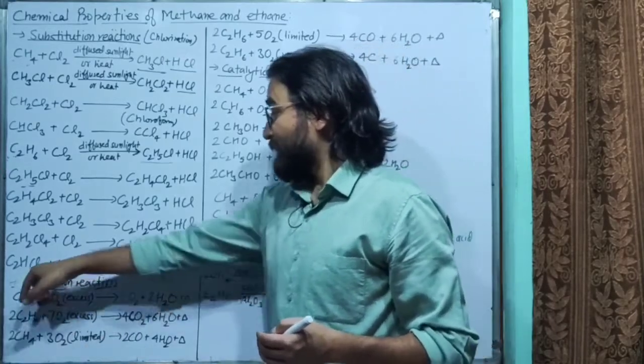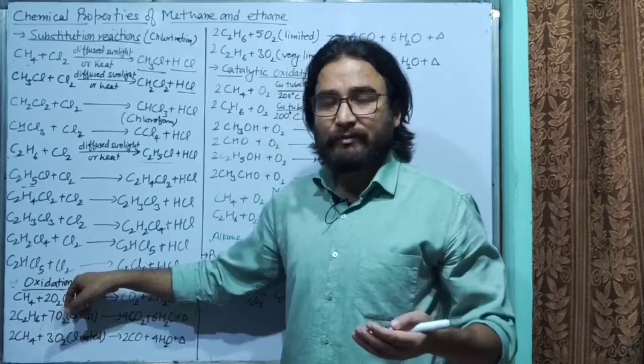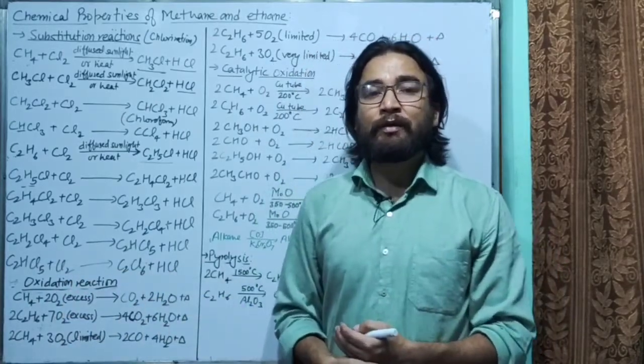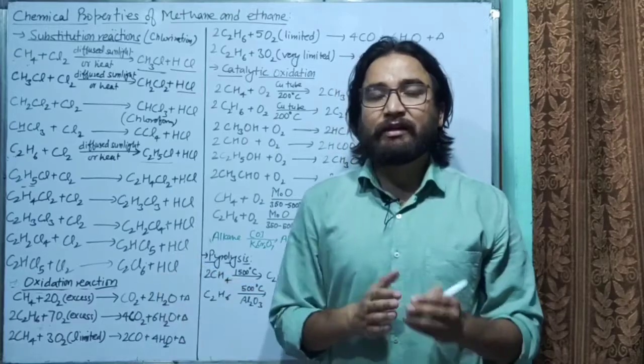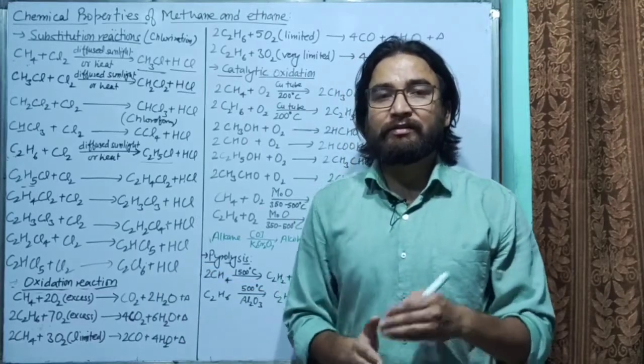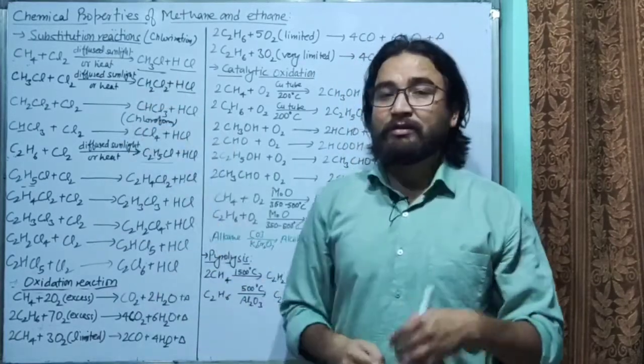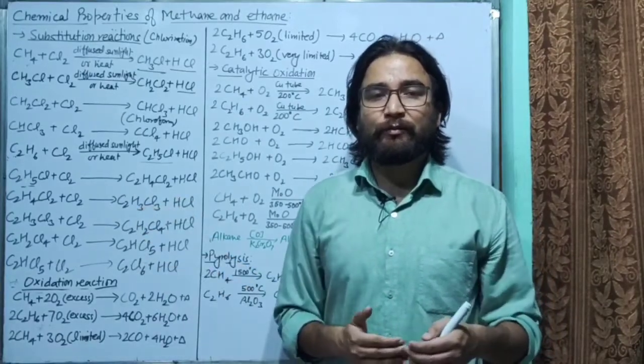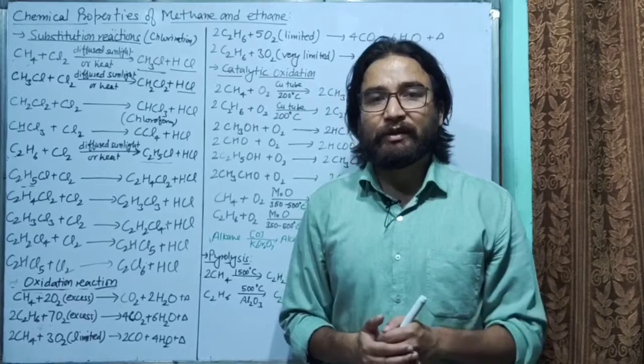Similarly, one hydrogen atom is remaining, so it can also be replaced by chlorine, so it will form hexachloroethane. So this is how this type of substitution reaction will take place, and such reactions are known as chlorination because they are being replaced by chlorine. So if they are replaced by other groups, for example bromine, then it will be called bromination.